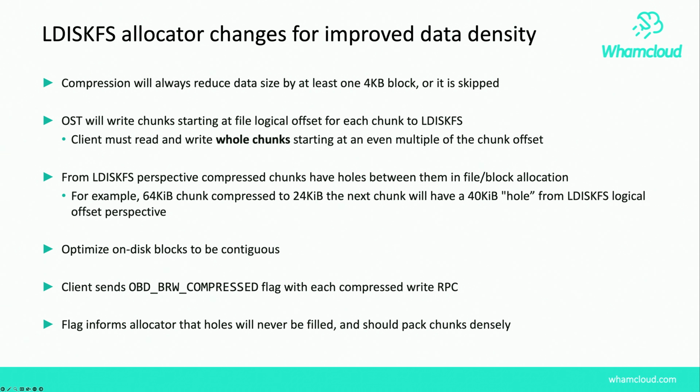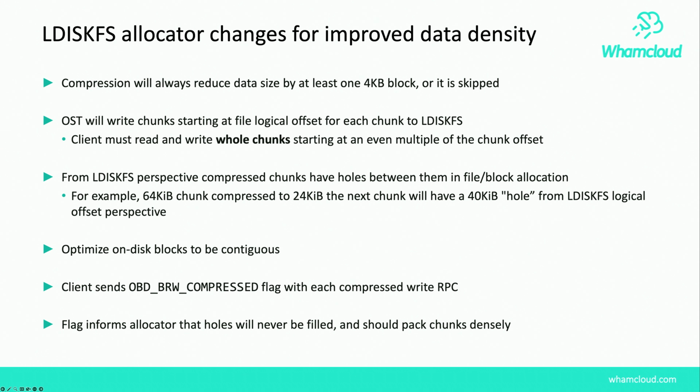In this case, the OST will write the chunks starting at the file logical offset that the allocator itself understands, and from that point, the client must read and write whole chunks starting at the even number of the chunk offset. So it's great for writing and performance there. However, it's not great for packing data when we're looking for overall data density.